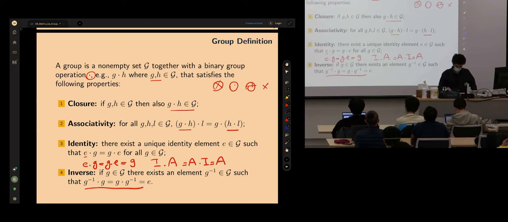What's the difference between a group and a field? That's a very good question. We don't wish to talk about it here. But a field is a little more sophisticated. You can have scalar multiplication, addition, right?